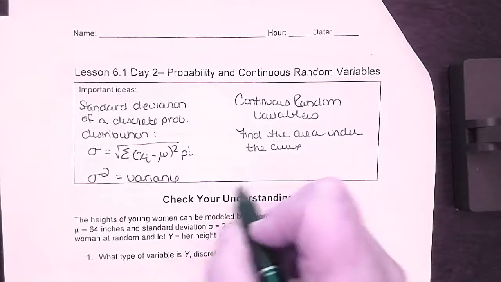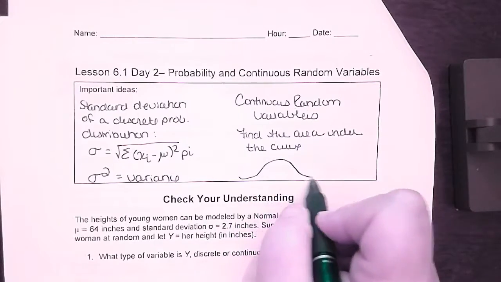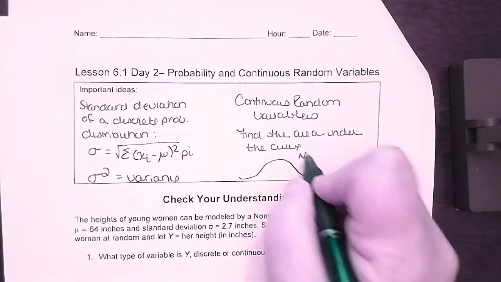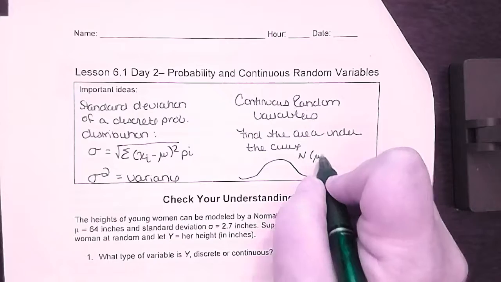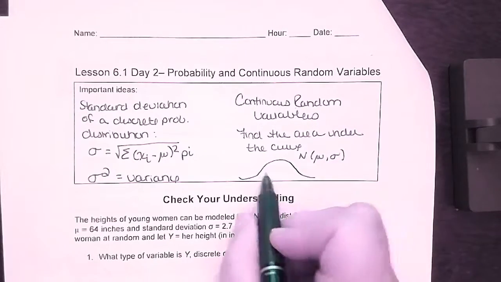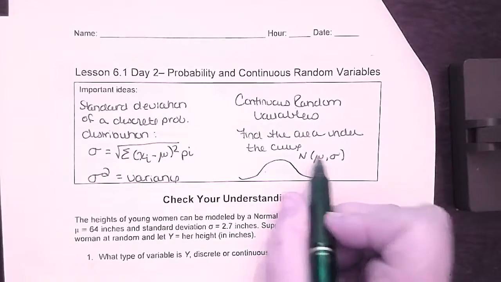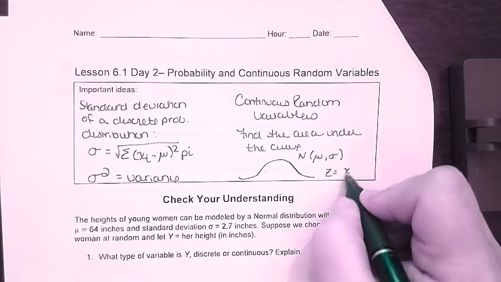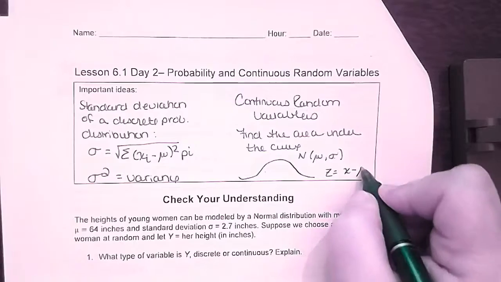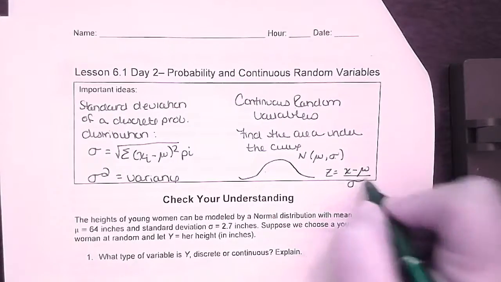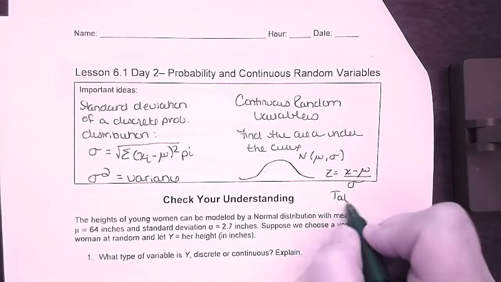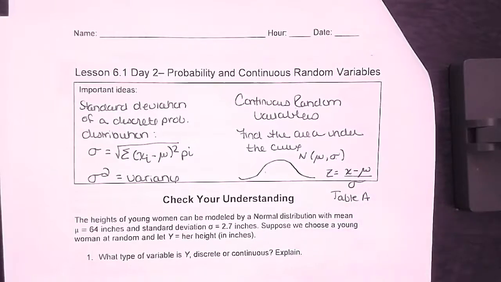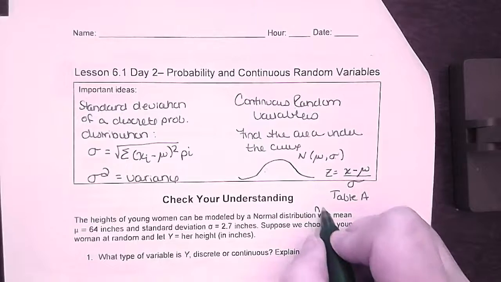So we can do uniform distribution, but again, I don't want to deal with it today. So I take a normal curve with a given mean and standard deviation. And I would calculate the z-score, which is x minus the mean divided by the standard deviation, and then use table A, which is the same table that we were using.